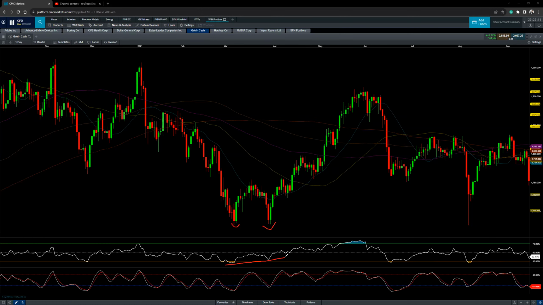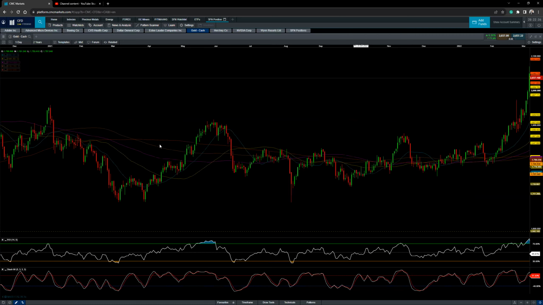Look at the RSI, nicely going up. So this is a good divergence, a bullish divergence. And here in the stochastic, a dual-back reversal to the upside, nicely going up. So this is a good divergence to the upside, right? Perfect scenario.